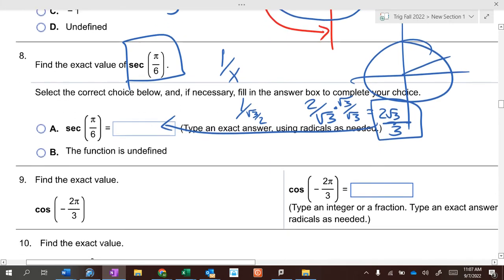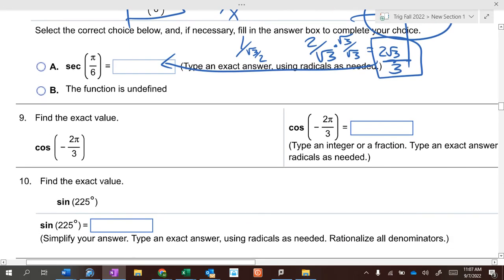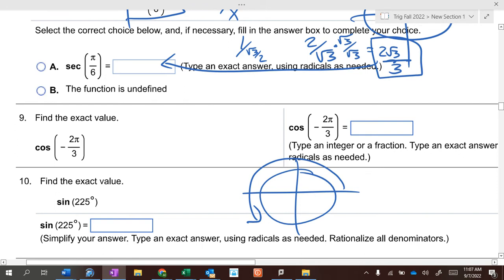Okay? All right. Cosine of negative 2 pi over 3. Where in the heck is negative 2 pi over 3? Because normal 2 pi over 3 is down here, right? Oh, Mr. Bierschbach messed up. Normal 2 pi over 3 is right there.